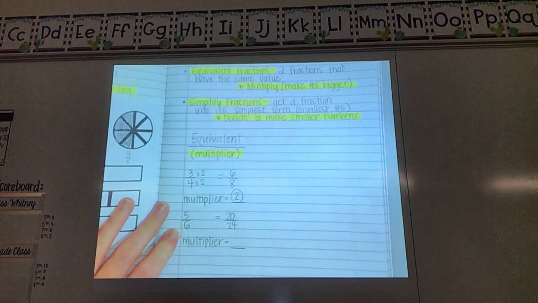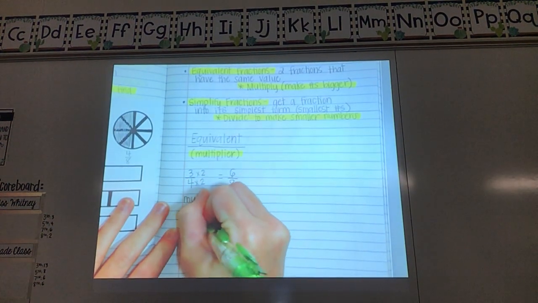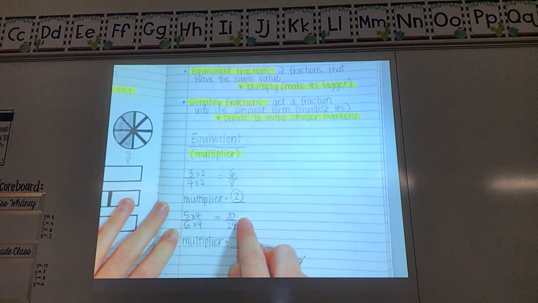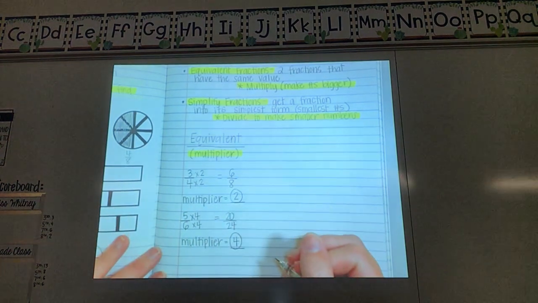What would I need to multiply the top and bottom by to get there? Hopefully you said 4. 5 times 4 would give me 20. 6 times 4 would give me 24. So my multiplier is 4 because that is what I had to multiply by.